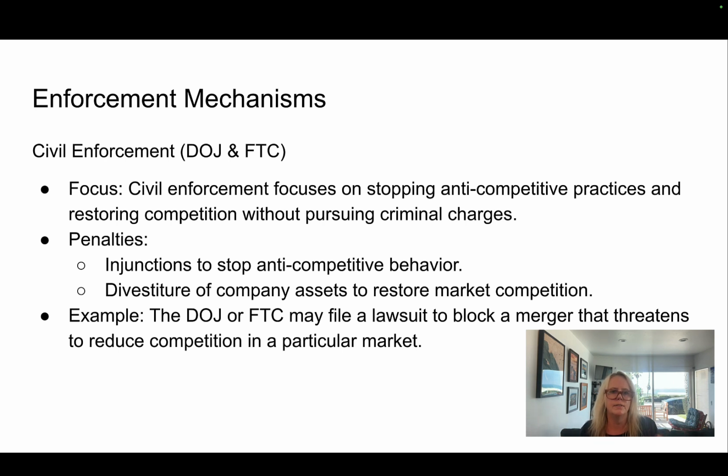The FTC can say, because your merger is going to create an airline that's too big and has too much market control over certain areas of the country, you're going to have to sell some routes in order for us to allow the merger to take place. They might sell some routes that go to Hawaii, or routes that go to, I don't know, New York. That would be an example of a divestiture.